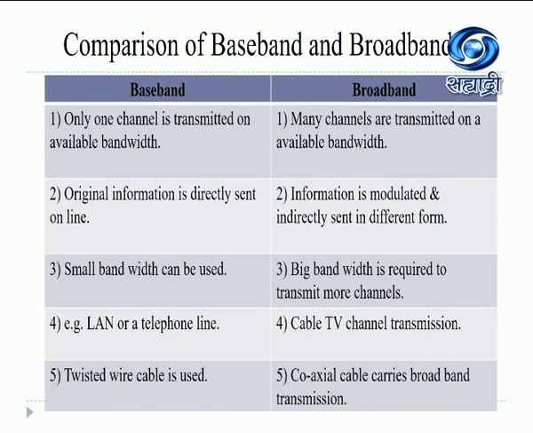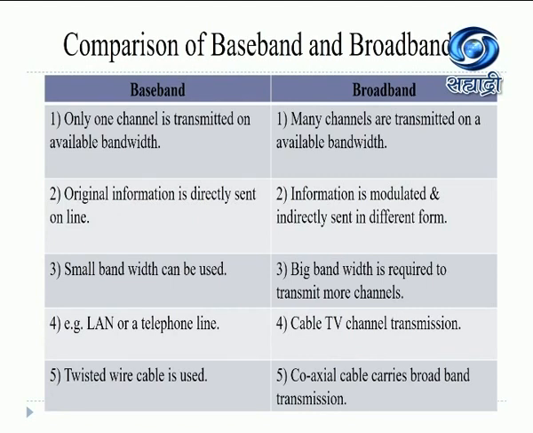Second point is, in baseband, original information is directly sent online, and in case of broadband, information is modulated and indirectly sent in a different form. In case of baseband, small bandwidth can be used, and in case of broadband, big bandwidth is required to transmit more channels.